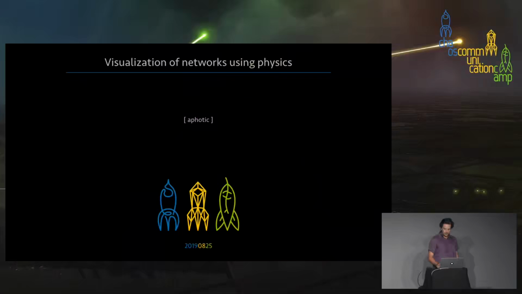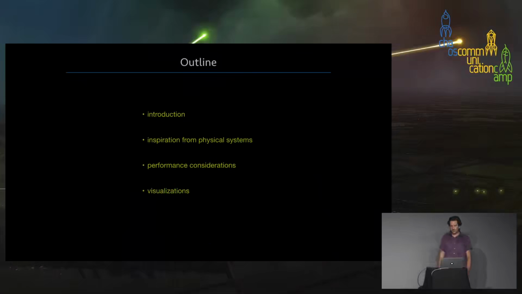Hello, thank you for coming. So I will be talking about visualization of networks or graphs using physics. It's a topic that will be a combination of computer science, physics, and visualization. This is a brief outline.